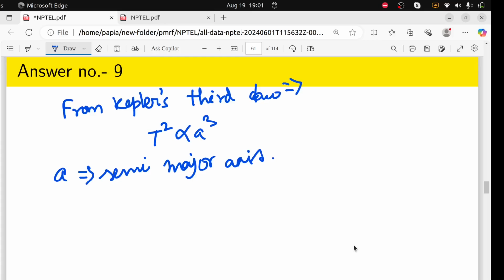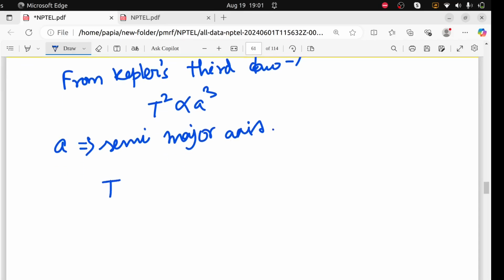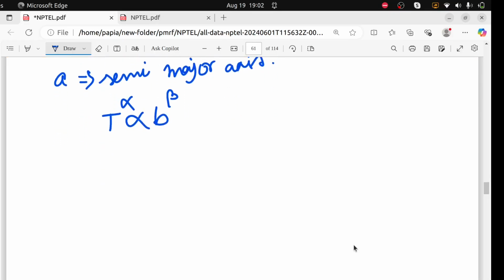But here, what they have told is that T to the power alpha is proportional to B to the power beta. So we have to calculate that alpha and beta value so that we can answer the question. To have the answer of this question, we just need to calculate how T varies with B. So let's go back to that derivation.